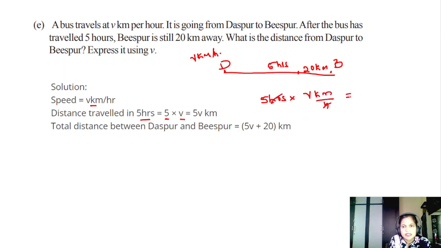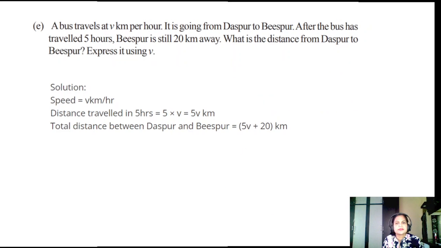Hours get cancelled, therefore we get 5 into V. 5V kilometer is the distance traveled in 5 hours. But what is the actual total distance? Total distance between Daspur and Bispur is this 5V kilometer we found out, plus the 20 kilometer. That's why you get 5V plus 20 kilometer.